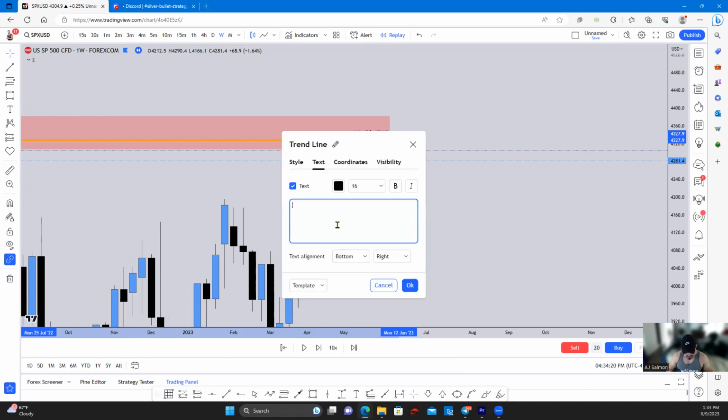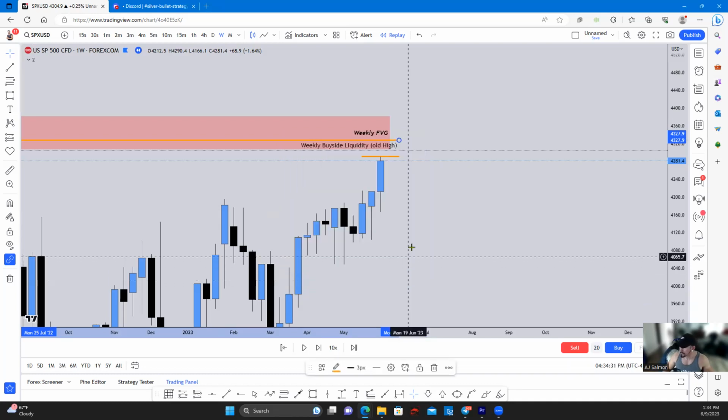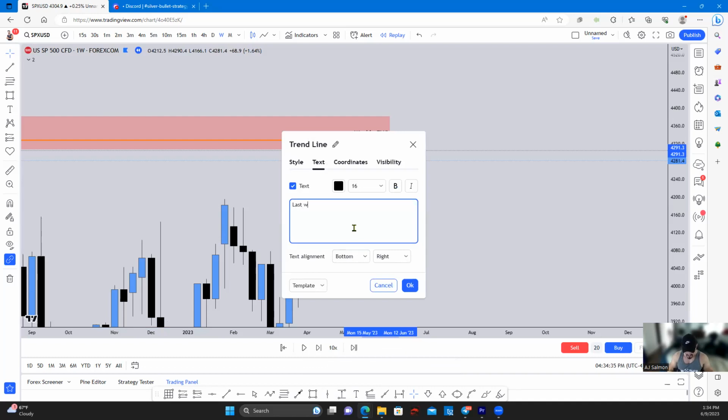This is your weekly buy side liquidity in the form of an old high. Okay. This is also last week's high. This is buy side liquidity as well.